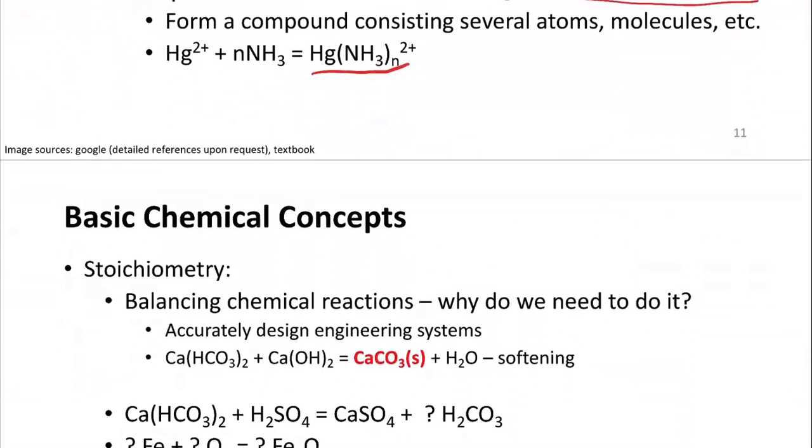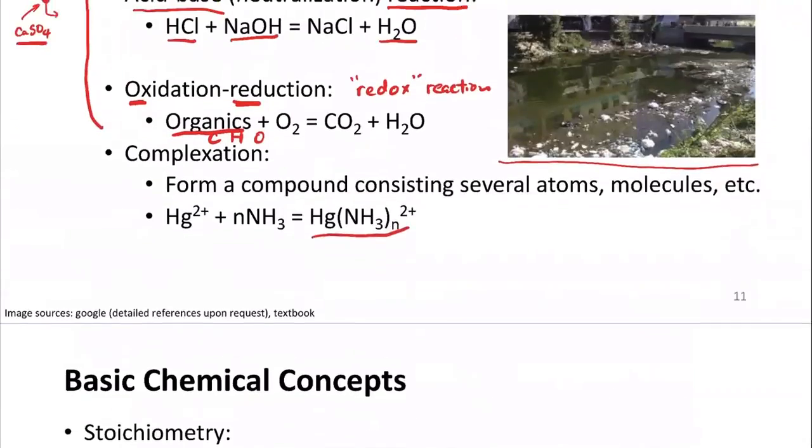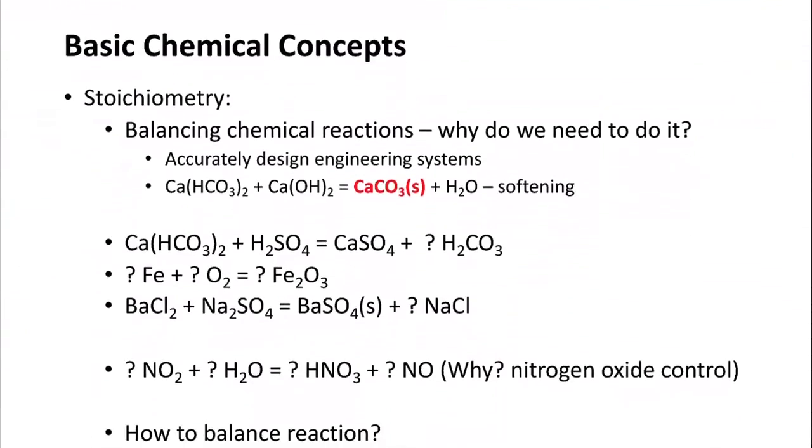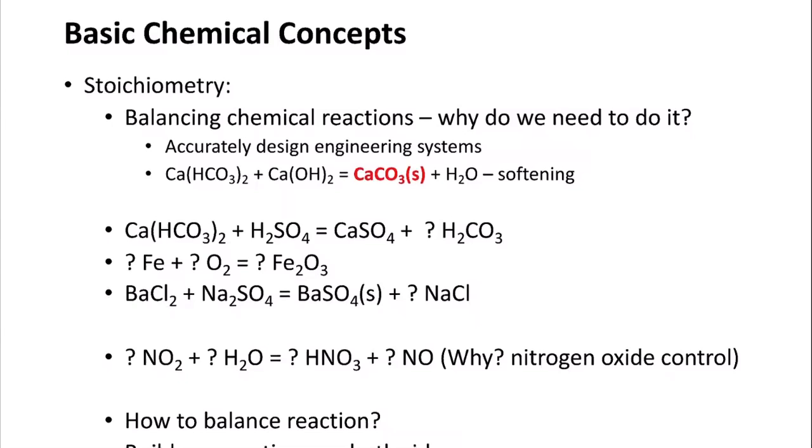Since we talk about the reactions, as I've introduced, we need to balance them, because in engineering systems, we want to make sure that at least the amount we input into the treatment system is working, right? We're not creating more problems. That explains why we need to do it, because we can accurately design the engineering systems.